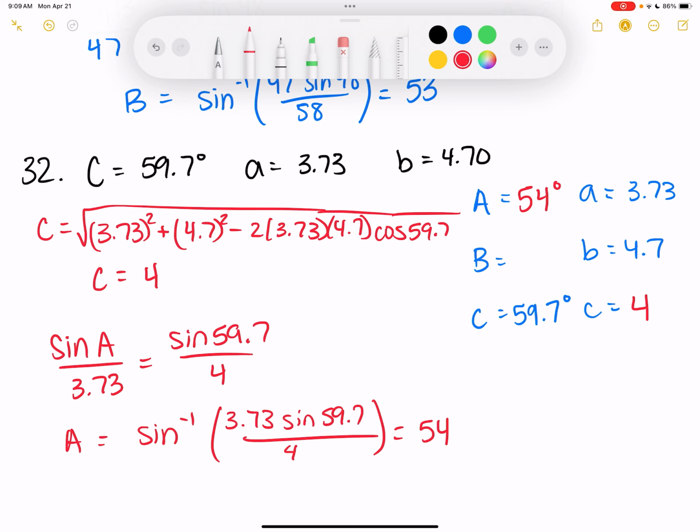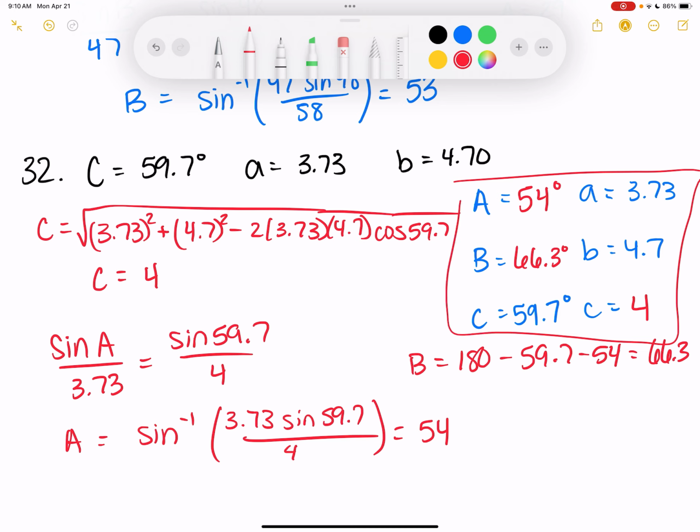So we've got 180 minus 59.7 minus 54. And that is 66.3. So that makes sense there for that.